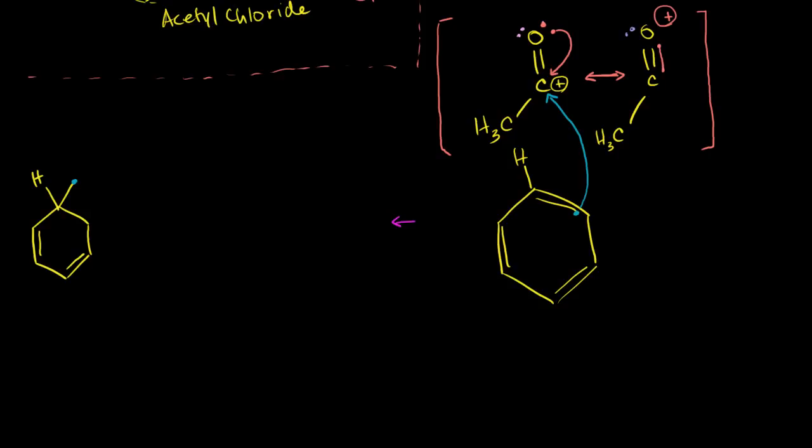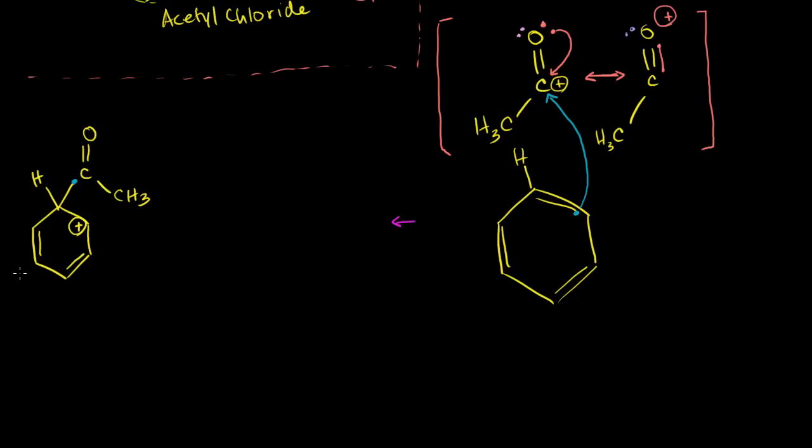Let me draw the acyl group, and I'll flip it over so that we have the methyl on the right-hand side. So it's a carbonyl bonded to a CH3. It was positive; it now gained an electron, so it is now neutral. This carbon over here lost an electron, so it is now positive.